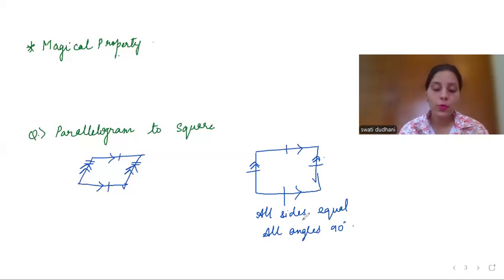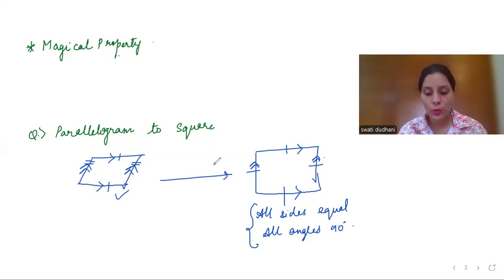Now, if we prove these properties in a parallelogram, only then it becomes a square. But if you do not know this, you cannot proceed. You need to know the basic properties. Only then you can proceed further. So the properties are very, very important.